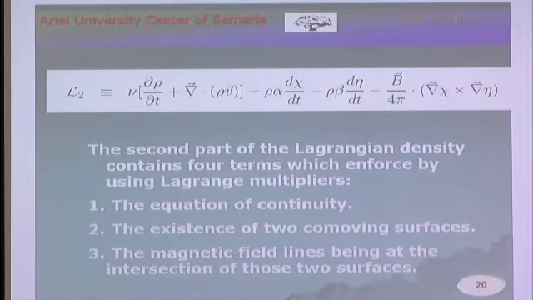The second part of this Lagrangian density contains 4 terms which enforce, by using Lagrange multipliers, the equation of continuity, the existence of 2 co-moving surfaces, and the fact that the magnetic field lines are at the intersection of those 2 surfaces.